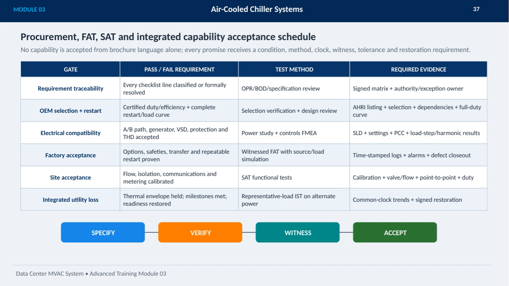Finally, site acceptance confirms flow, isolation, communication, and metering calibration through functional tests, with performance verified against integrated utility loss and thermal envelope criteria. Throughout, requirement traceability is maintained with signed matrices and authority approvals to ensure full accountability and readiness restoration. This structured approach guarantees that the system meets all operational expectations before final acceptance.